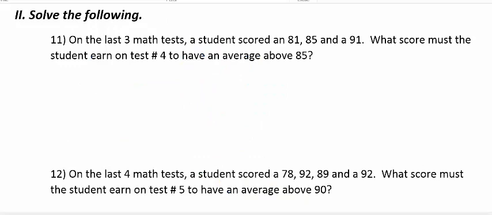Number 11, on the last 3 math tests, a student scored an 81, 85, and a 91. What score must the student earn on test number 4 to have an average above 85?